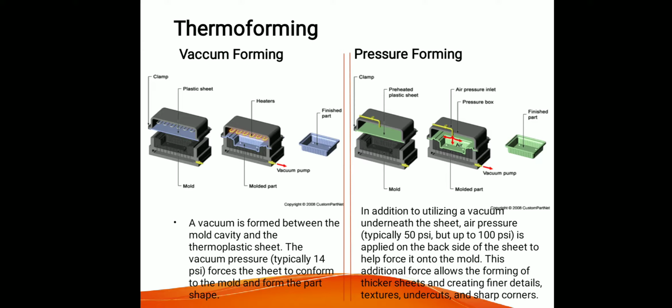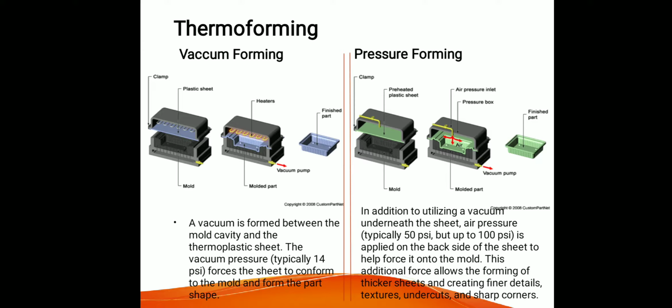In that figure we can see the plastic sheet, which is already heated and softened, is clamped. Then a vacuum is formed at the mold part through the vacuum pump.